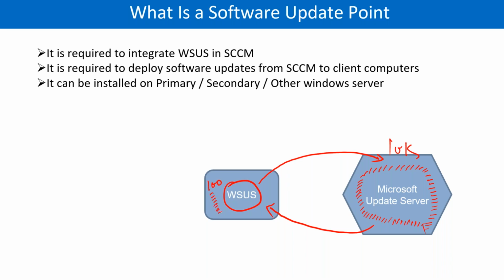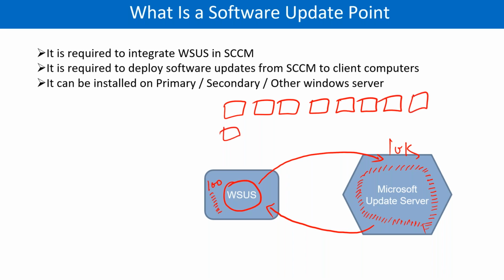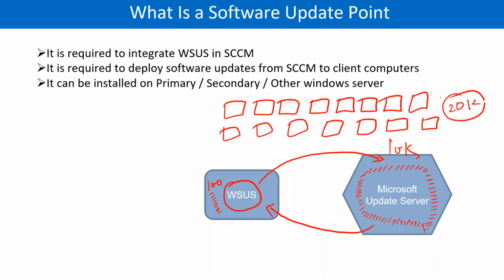Now for these 100 updates, we need to scan the machines we have. For example, you have 10,000 machines in London, 2,000 machines in Mumbai. Understood? In each region you will have computers. So WSUS is going to scan all the machines. For example, there are 20,000 devices across the regions, Mumbai, London, Chennai.